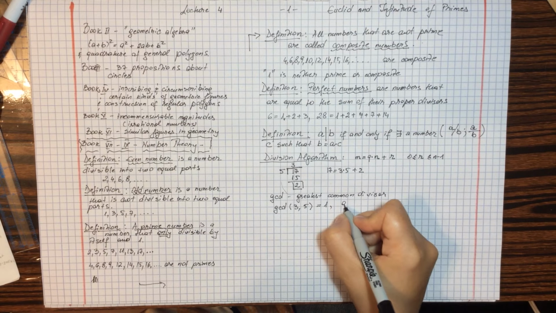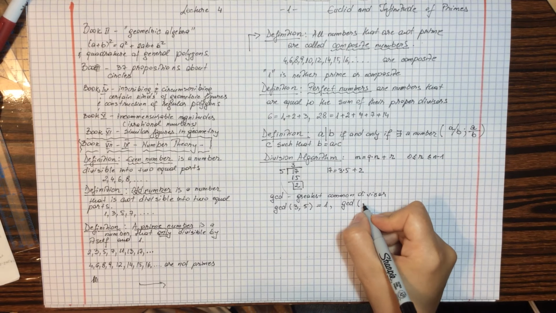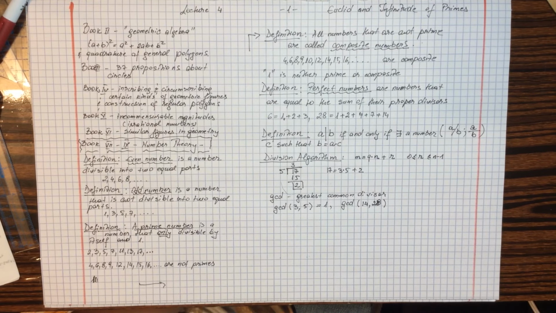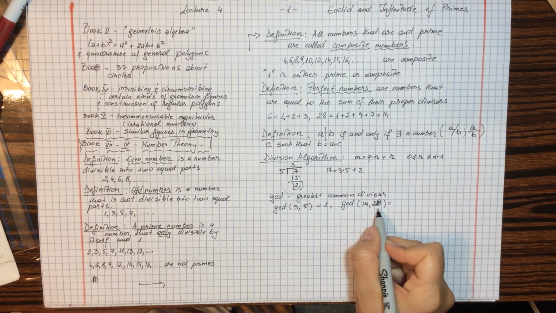What about the GCD of 14 and 28? Is 2 a common divisor of 14 and 28?